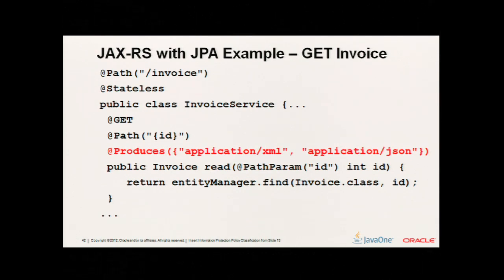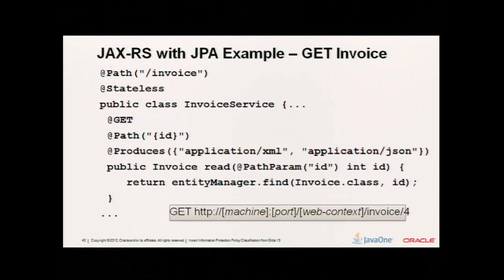And then as far as data format, I have to say which kind of data structures I'm bringing back, generally XML or JSON. There's obviously a number of other ones, but for my purposes today, those are the most important pieces. So what I end up with, if I send a get operation to my machine on whatever port, the application context, the root URI for the application, and then I go /invoice and /4.